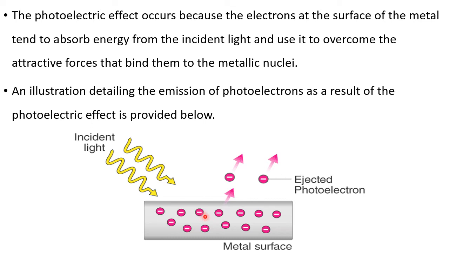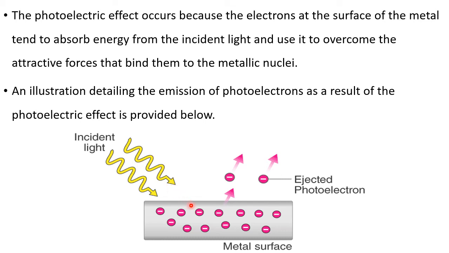Now you have to allow light to fall on this metal surface. When it falls with a frequency whose energy is more, then that energy is transferred to these electrons.